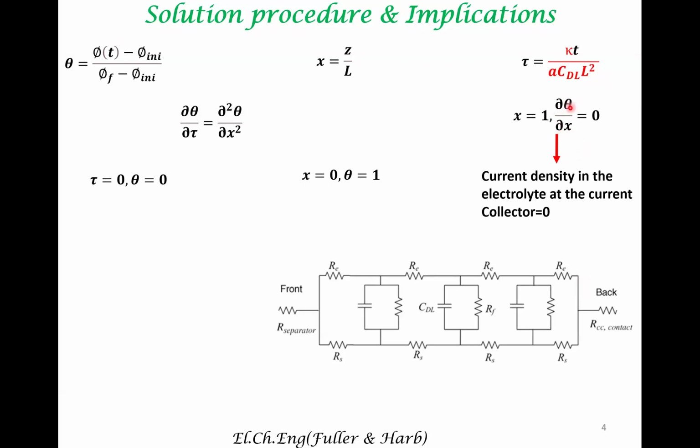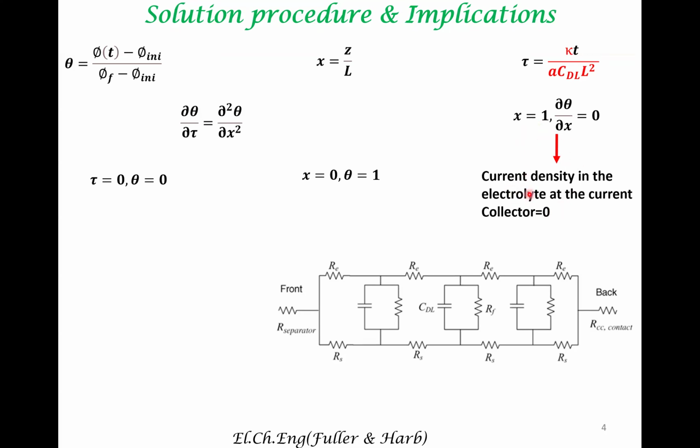When we say d theta by dx is equal to 0, what we are stating is that the current density in the electrolyte at the current collector is equal to 0. We have discussed the nature of this boundary condition when we looked at modeling the porous electrodes in the battery.